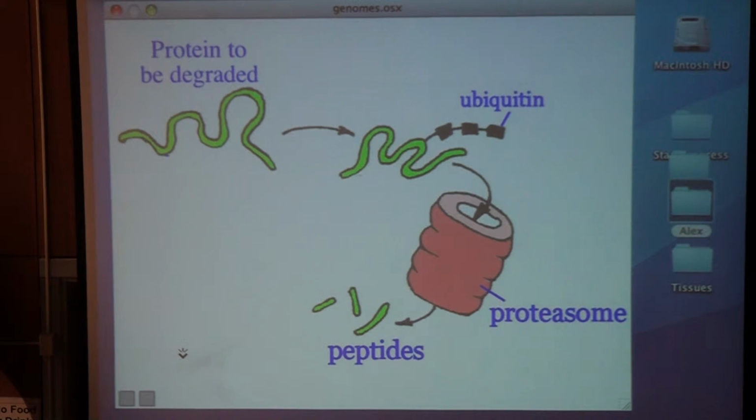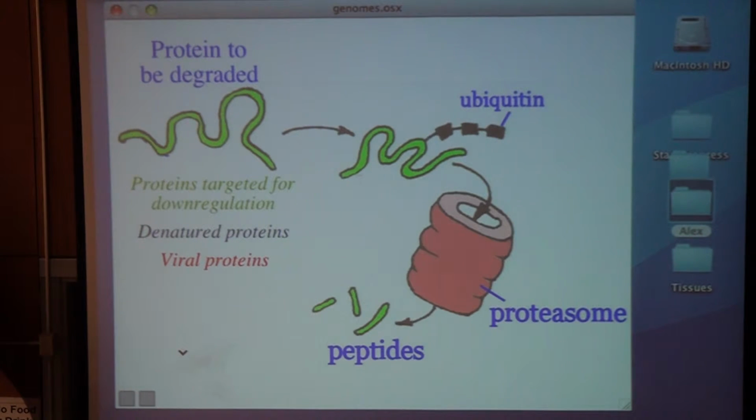In some cases you find the ubiquitins are added to proteins that the cell just wants to downregulate the expression of. What they also find is this, that the cell will also add ubiquitins to denatured proteins. Remember, denatured ones are where the protein has folded in the wrong shape.